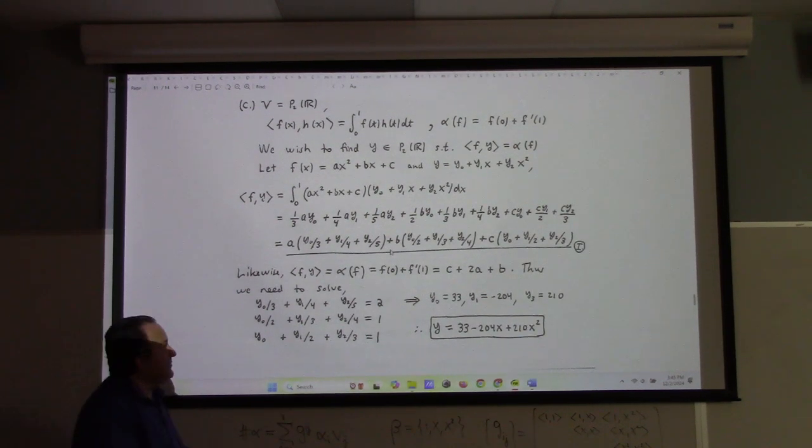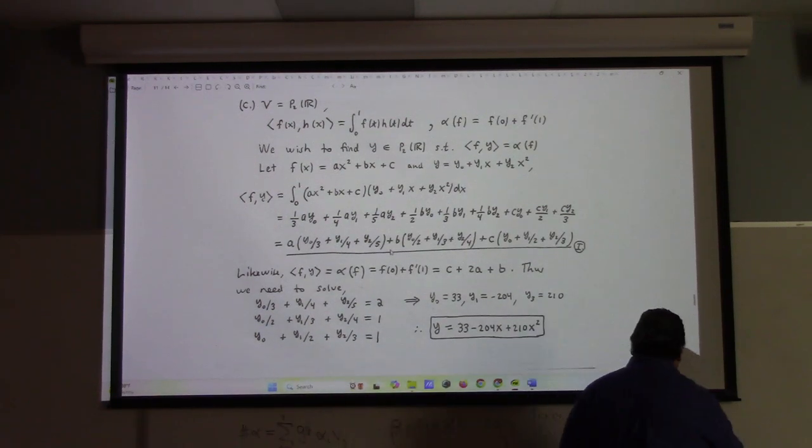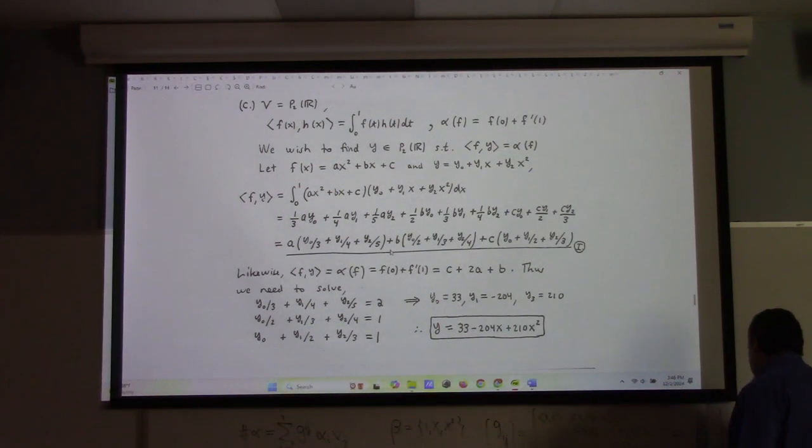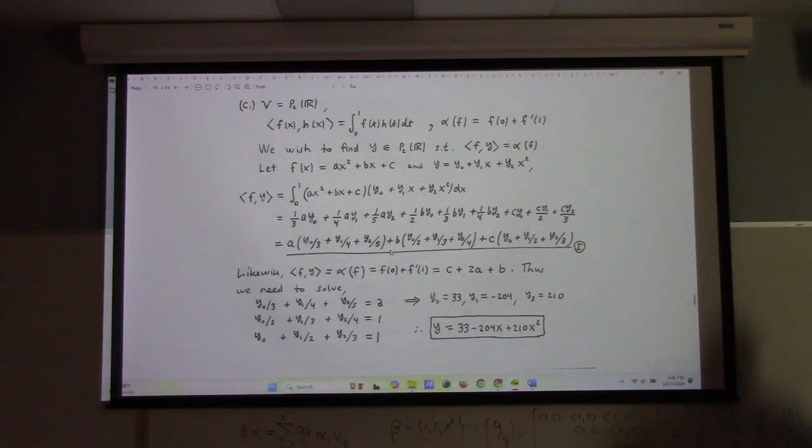What are the inner products here? We're using the 0 to 1 one, right? So we've got 1, 1/2, 1/3, 1/3, 1/4, 1/5, 1/2, 1/3, 1/4. So that would be my metric matrix. And then you could invert this, calculate the g^ij, and then use that.